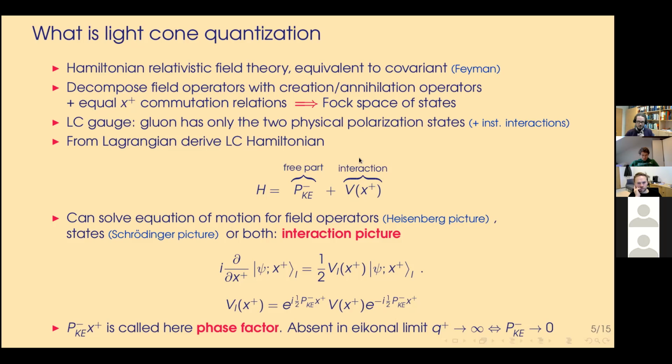The interaction part of the Hamiltonian generates the time dependence of quantum mechanical states. The free part of the Hamiltonian generates the time dependence of operators. So both operators and states depend on time. The interaction causes states to develop into other states, and it makes the states depend on time. And then the free part of the Hamiltonian just makes operators depend on time.